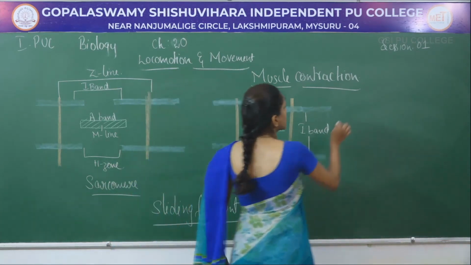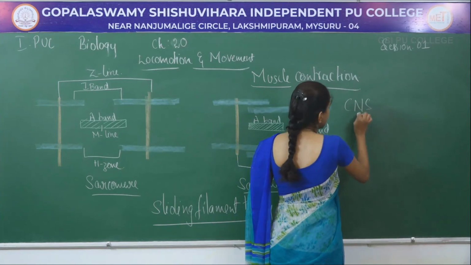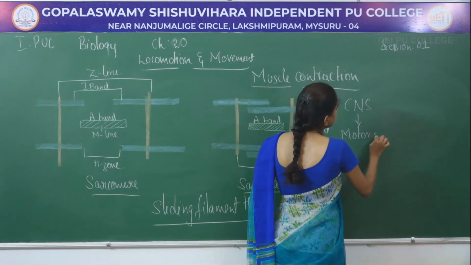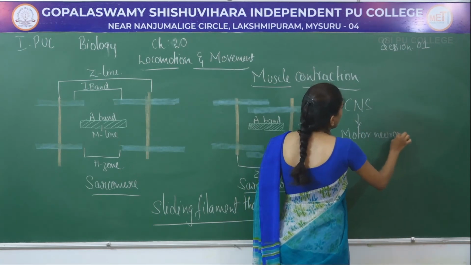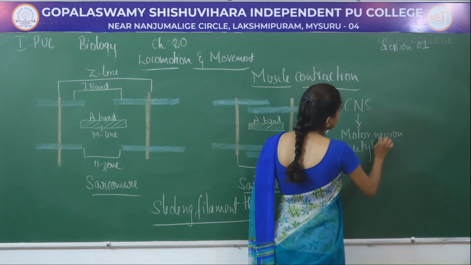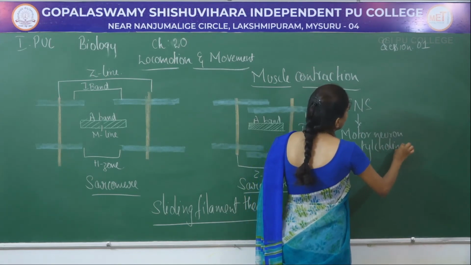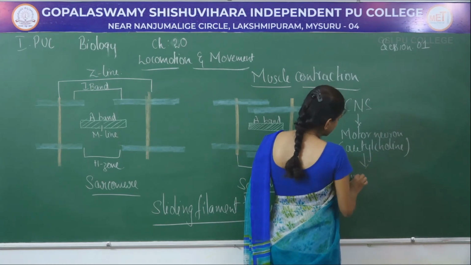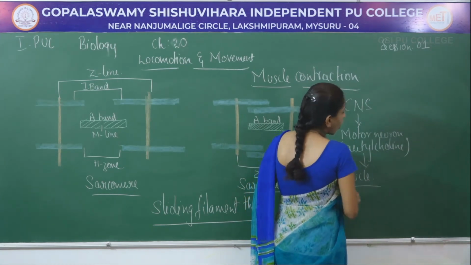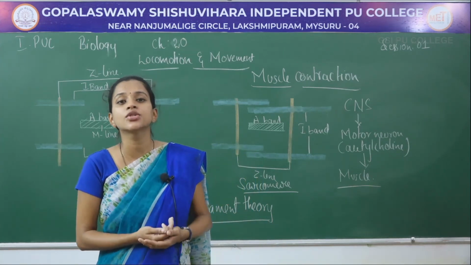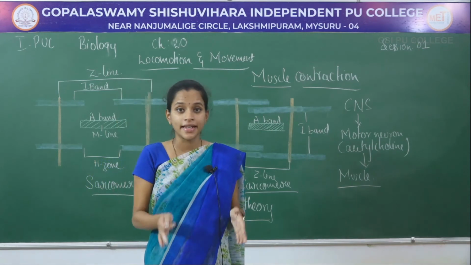So the message initiates from the central nervous system, passes into motor neurons, which release chemicals called acetylcholine into the muscle. When the signals reach the muscle, the muscle contains sarcoplasmic reticulum.